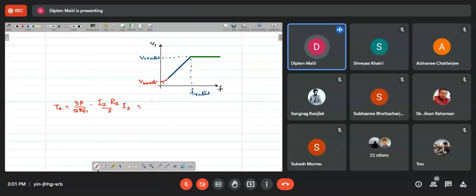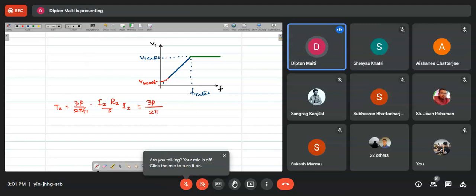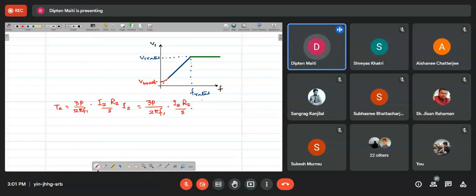So this is equals to 3P by 2ω1 into I2 R2 by S. And further, let's use the expression for the current I2 in terms of the induced EMF, that is equals to E2 by the square root of R2 by S whole square plus ω1 L2 whole square.